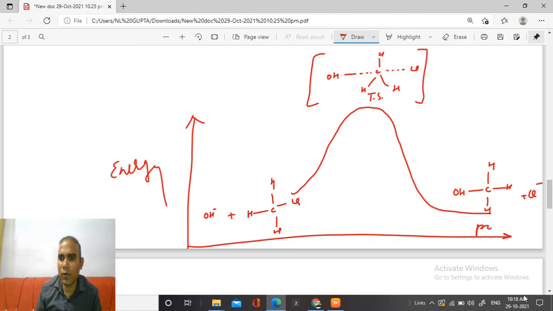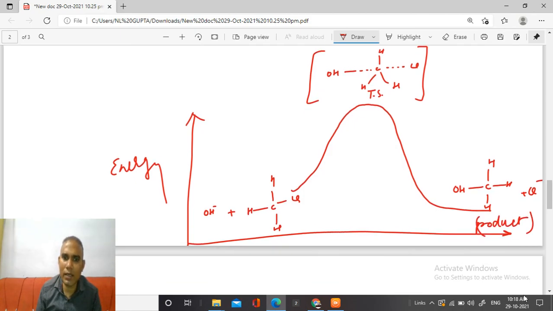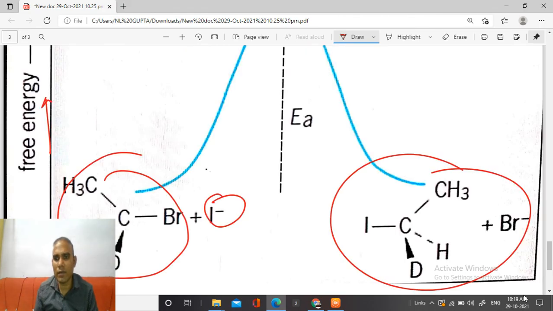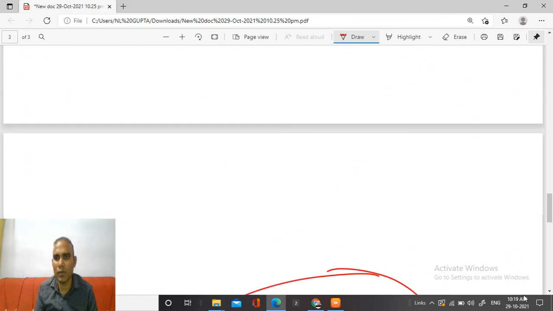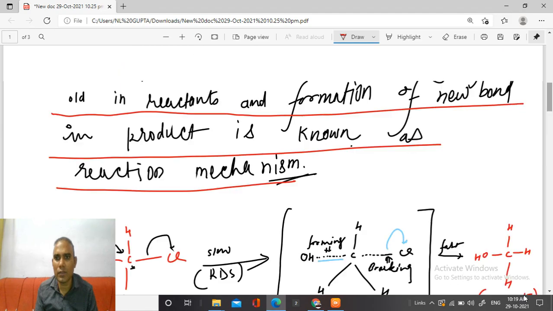This is going to be the product. So the reactant and product have less energy, students. But the intermediate state has more energy, friends. So this is the complete reaction mechanism, friends. I hope this will be helpful to you to understand. Thank you very much for watching, friends.